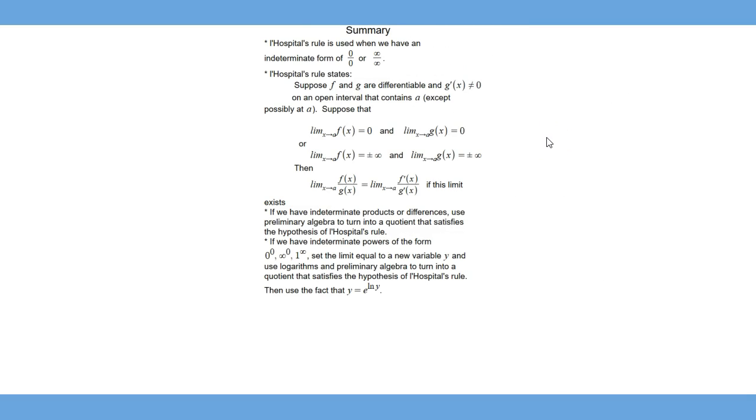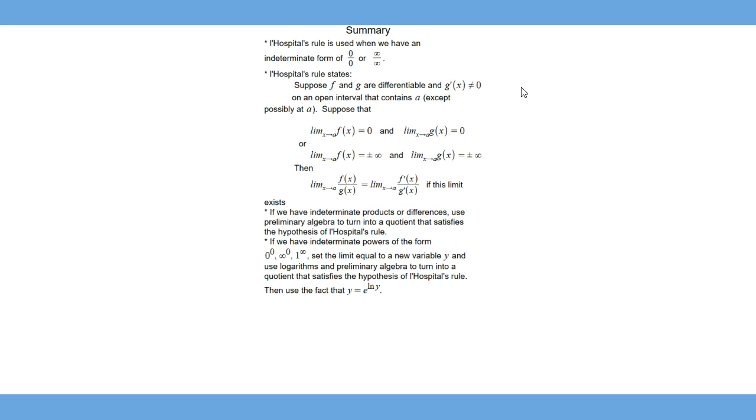So don't forget that if you have a quotient involved in a limit, you need to check that it's of this indeterminate form, 0 over 0 or infinity over infinity, before you can just apply L'Hopital's rule.